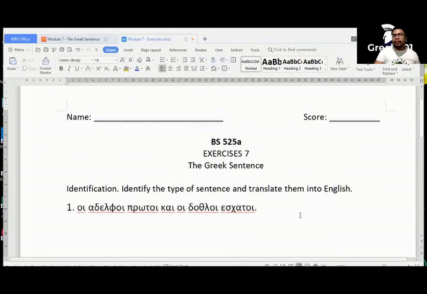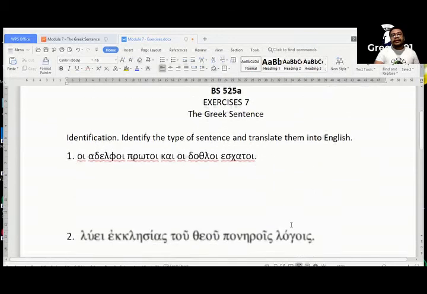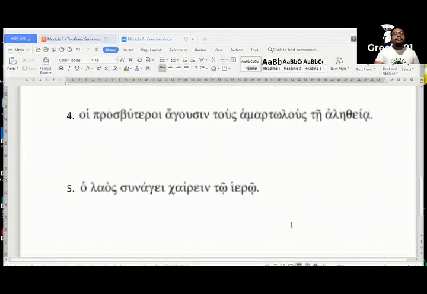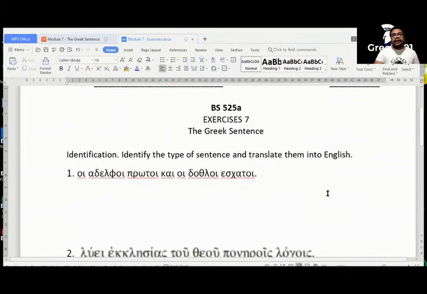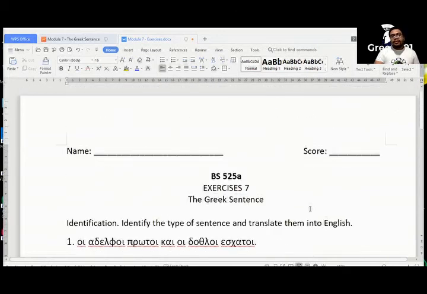It's either simple, predicate nominative, indirect or direct object, and either compound or complex sentence. You write it right after the sentence and translate them into English. I think there are 5 items for you to answer, and I think it's just easy as you go along. So answer it and pass it tomorrow morning at 8 in the morning.